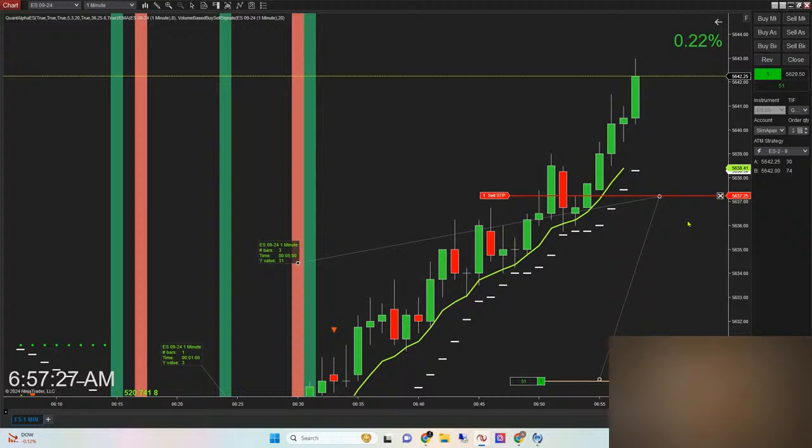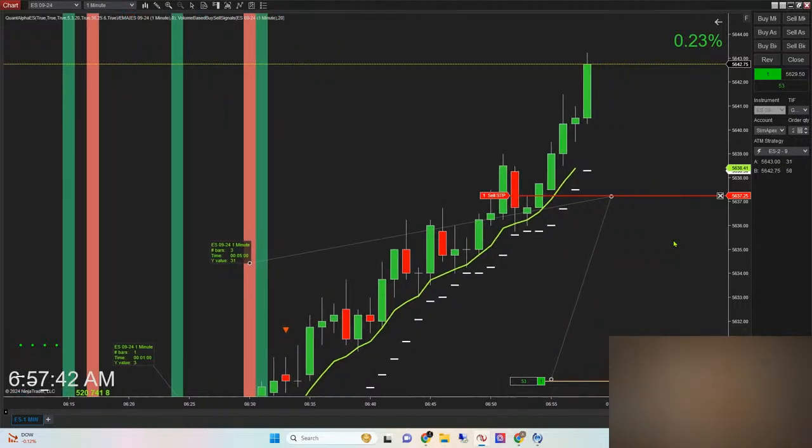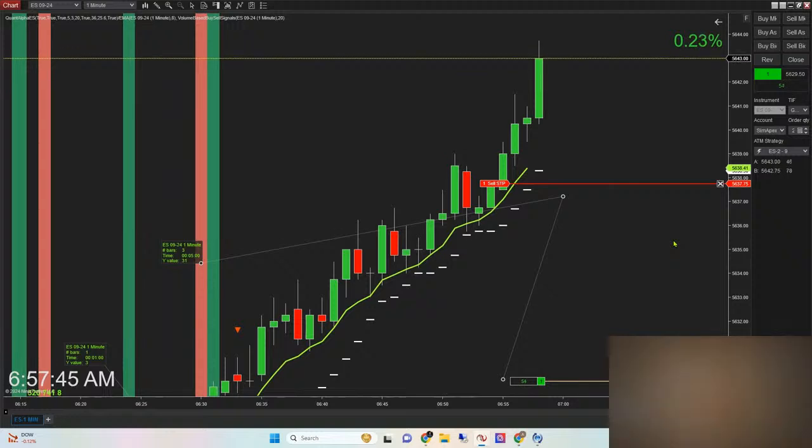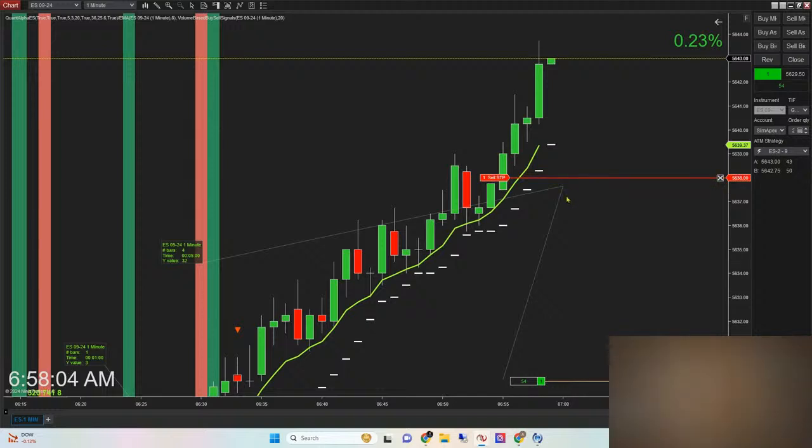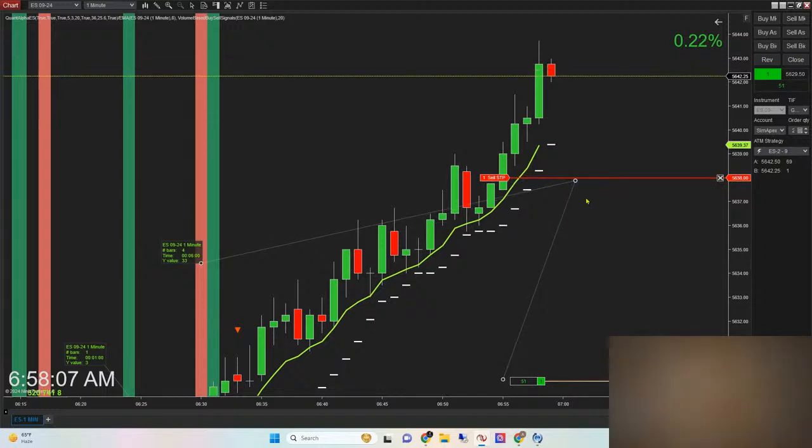That's a big trade. 33 ticks now so far, plus 8, so 41 ticks profit.